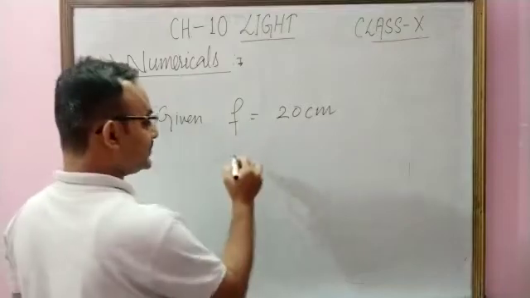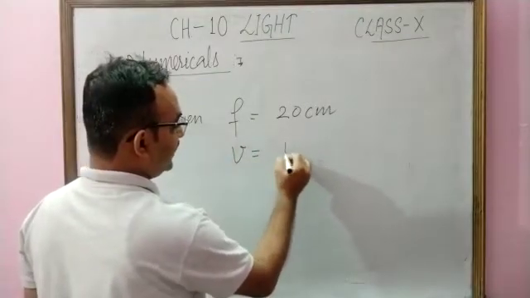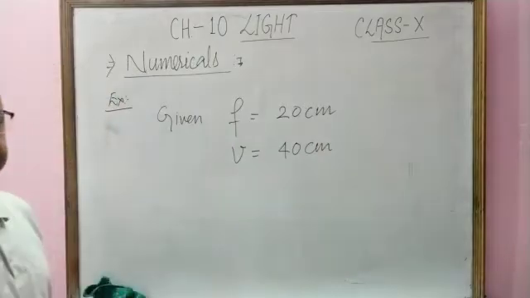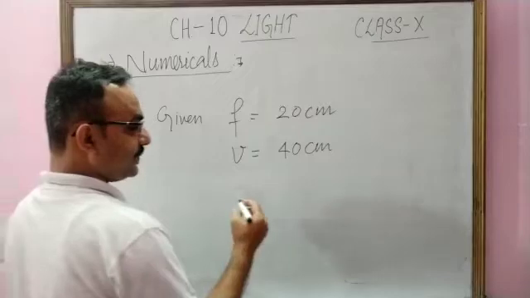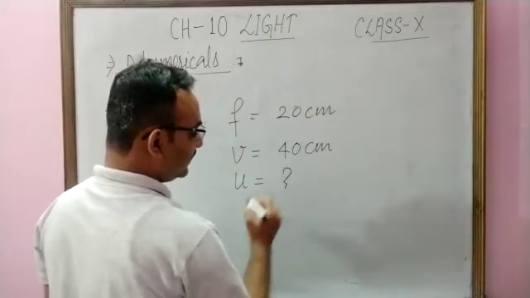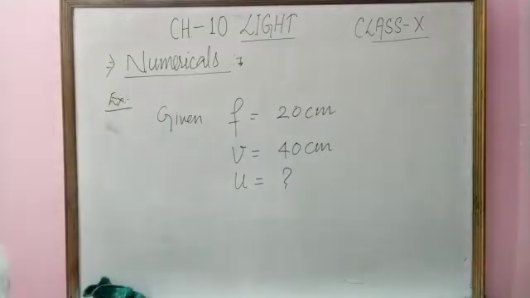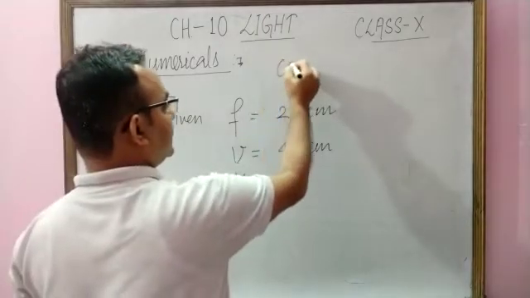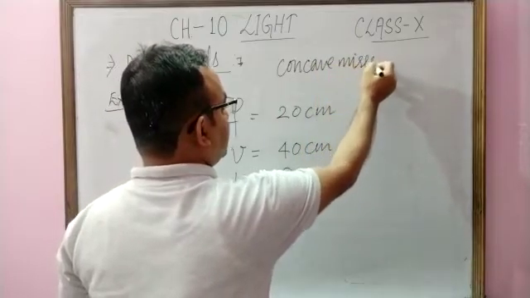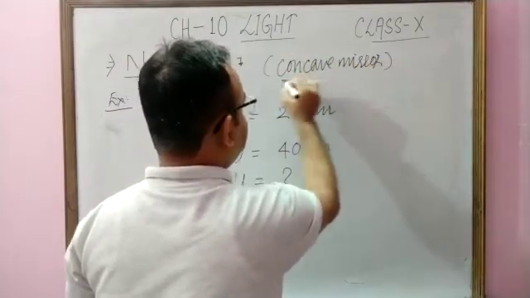Real image distance V is 40 centimeter. Find the position of object. Position of object means you have to find U. Which mirror is here? Concave mirror.